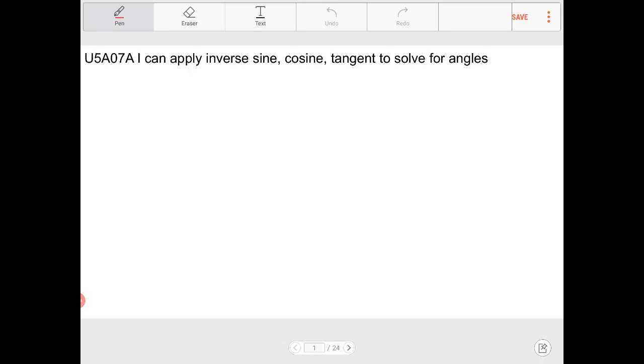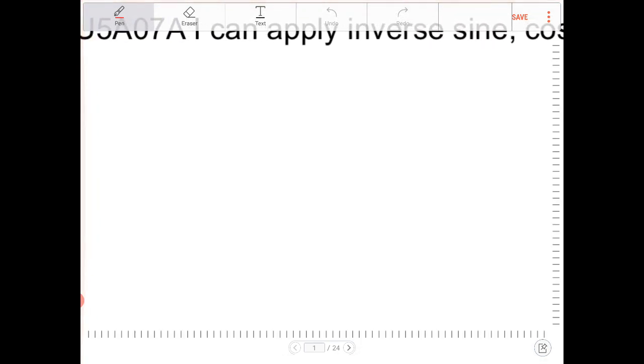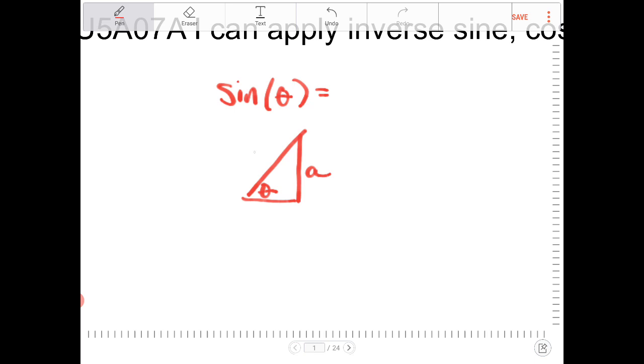By the end of the lesson, you should be able to say I can apply inverse sine, cosine, tangent to solve for angles. In the past couple of lessons, we talked about the use of sine and cosine to solve for sides. Just to recap, you're given a triangle, and when you're asked to find sine of theta, you're asked to find the ratio between the opposite and the hypotenuse.